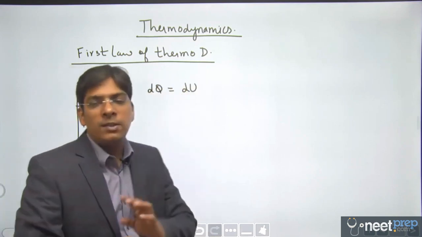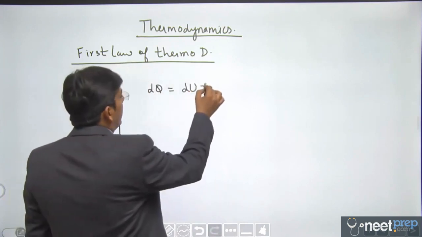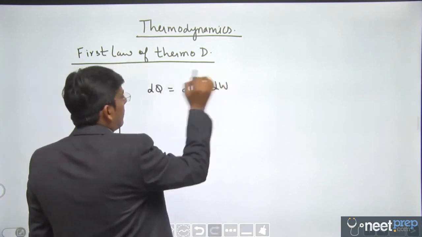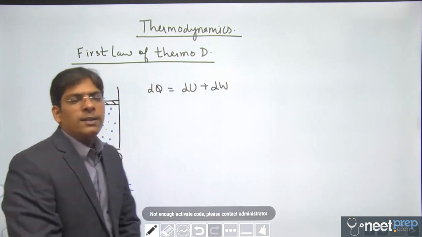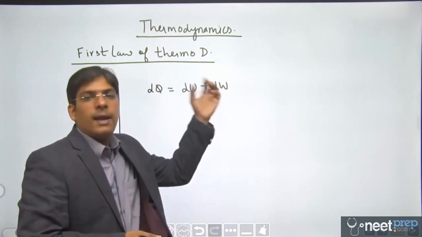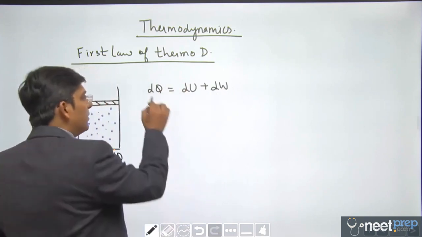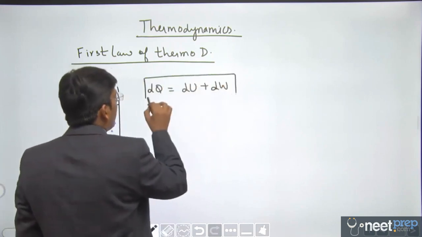The heat supplied to the system is used by the system for increasing its internal energy, and the rest is used for work done. Or you can say that when you supply some energy to the system, it does some work and the rest is used in increasing the internal energy of the system. Okay, dear students?